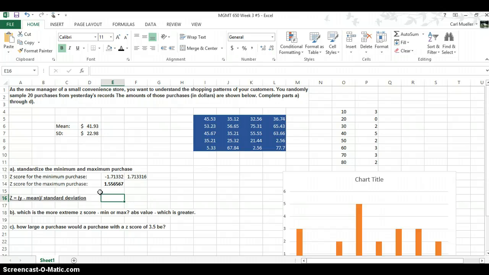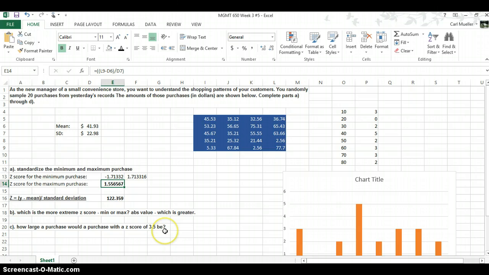We'll write that out real quick, in brackets to keep track of it: the standard deviation times the z we're given, which is 3.5, a really big z value, and then plus our mean, or y bar. That gets us our value, $122. That makes sense, because our maximum purchase was 77, with a z-score of 1.5.